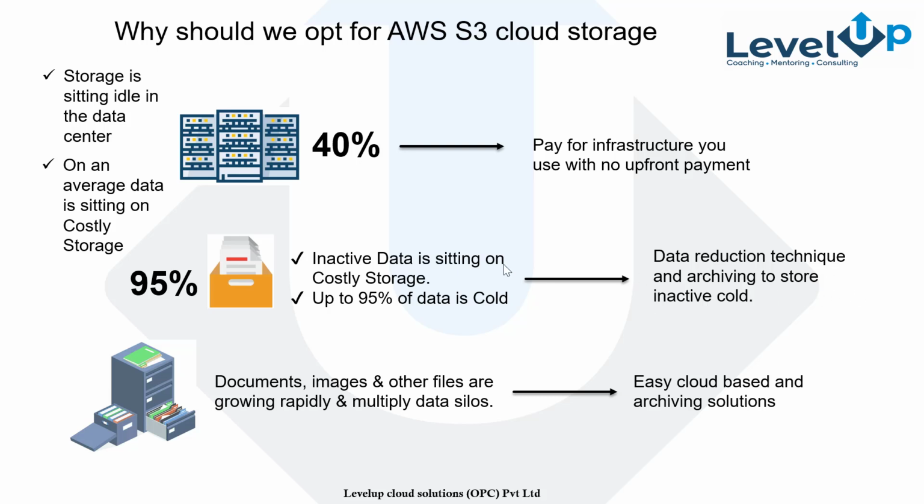If you're not accessing the data frequently, you want to put that on a storage class that is inexpensive. AWS S3 offers different kinds of storage classes where active data could be on the higher tier and cold data could be in a lower tier. We will discuss in the subsequent chapters the different storage classes and how to move data from one storage class to another.